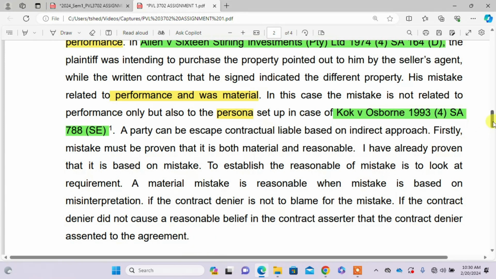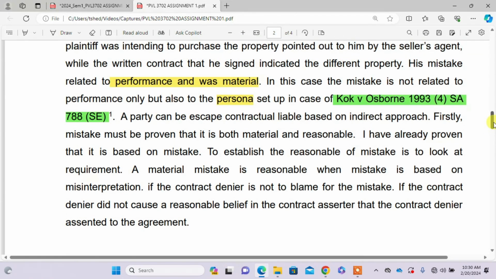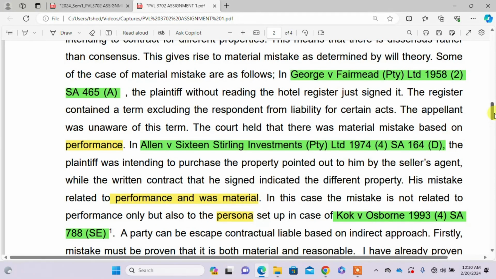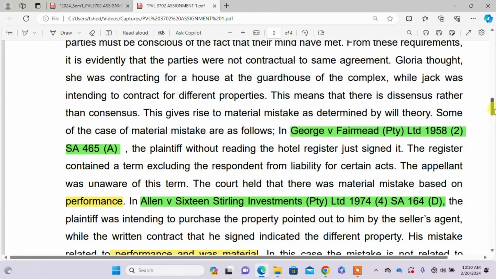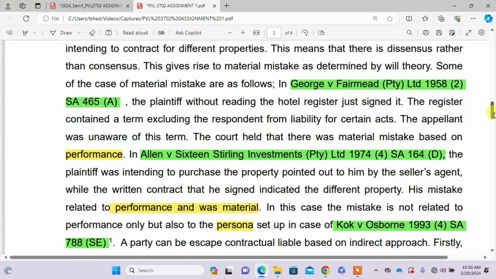So with this summary that I've given, I hope that I shed some light for you. And you have to watch part 2, which will be dealing with the Iustus error doctrine.